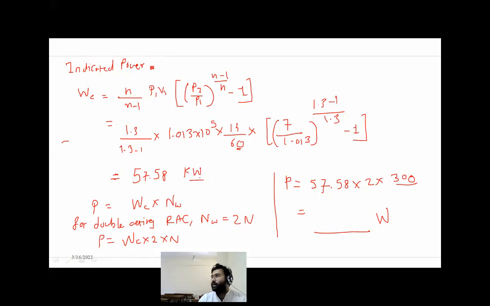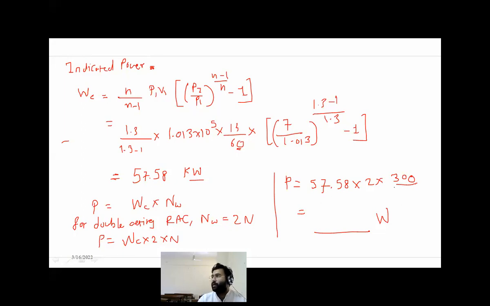Okay, not kilojoule, it is per second. So this value, that is what I am telling. Here we have taken volume flow rate in meter cube per second. So it will be joule per second. Joule per second is watt. We can take 57.58 kilowatt.